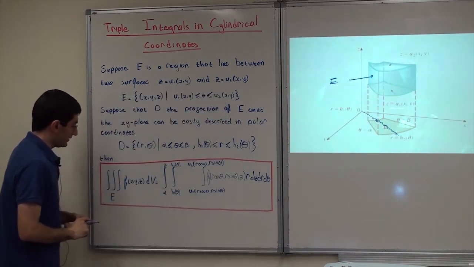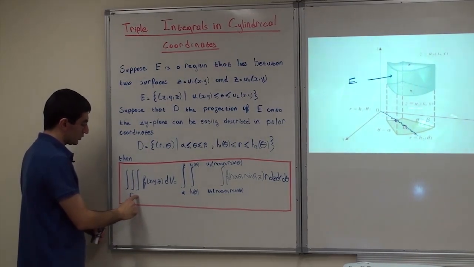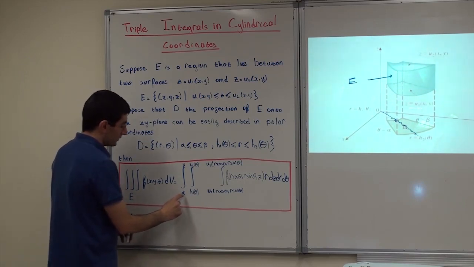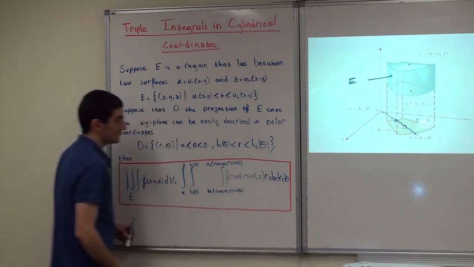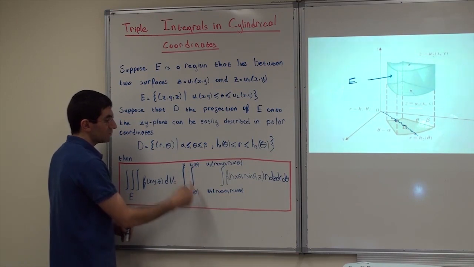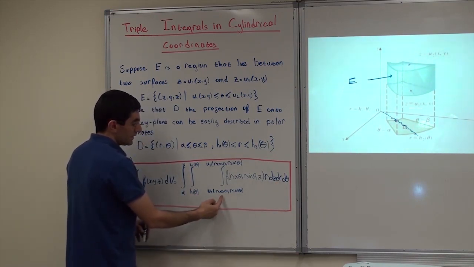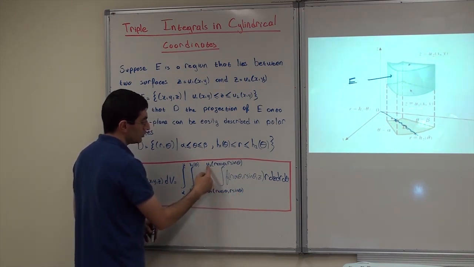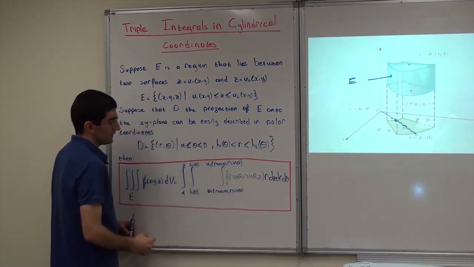Then, if our solid has such a description, the triple integral over the solid E of f is equal to the following triple integral. The first integral, from alpha to beta, is with respect to d theta. The second integral is from h1(theta) to h2(theta), with respect to r. And the third integral is from u1(r cosine theta, r sine theta) to u2(r cosine theta, r sine theta), with respect to z.